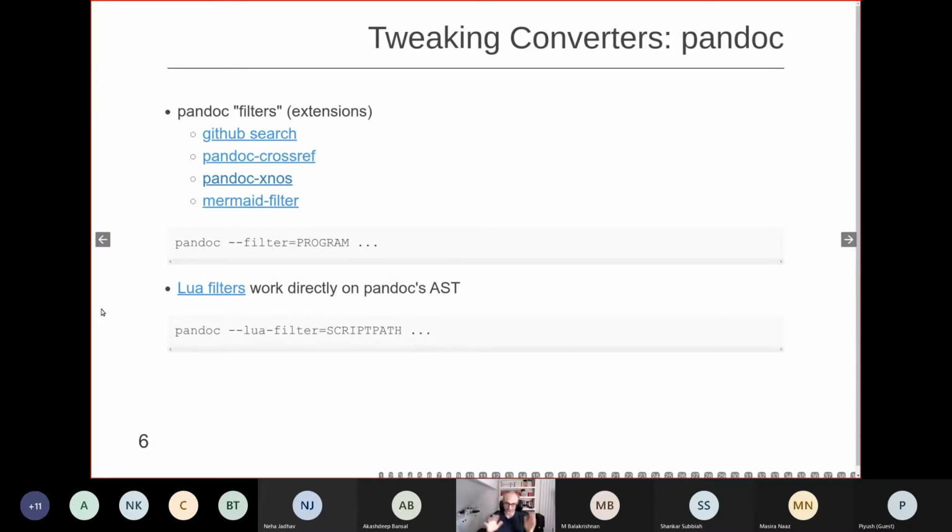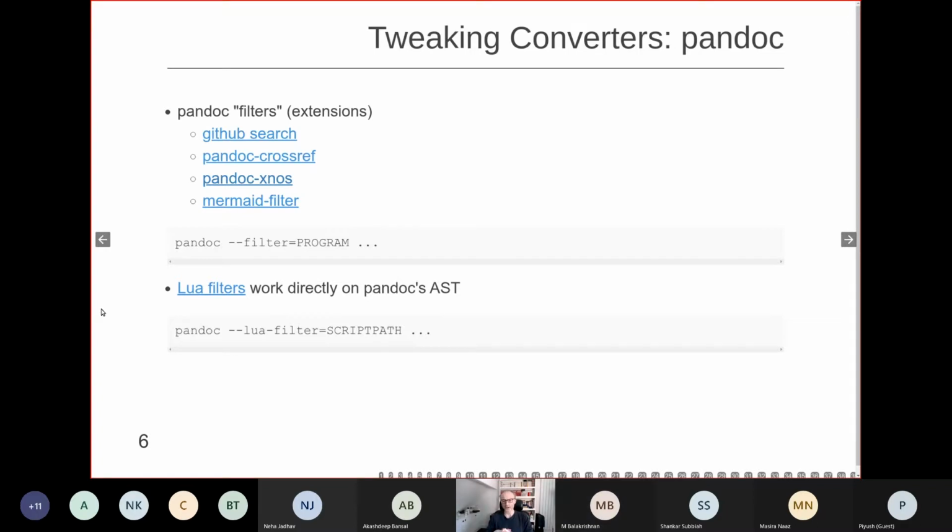In addition, and that's the best thing, obviously, for Pandoc, and not just for Pandoc, Pandoc supports Lua filters. What are Lua filters? Lua, for those of you who are not familiar with it, is a lightweight scripting language which is built on top of C or C++.